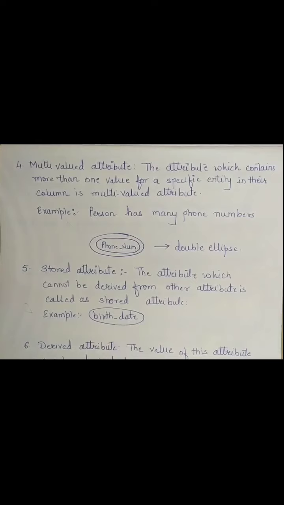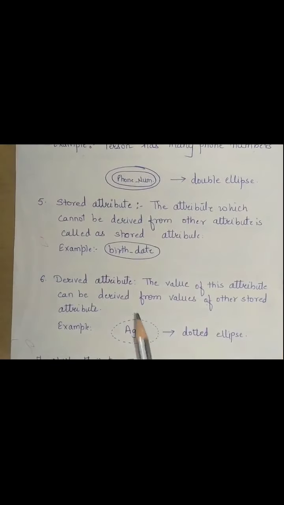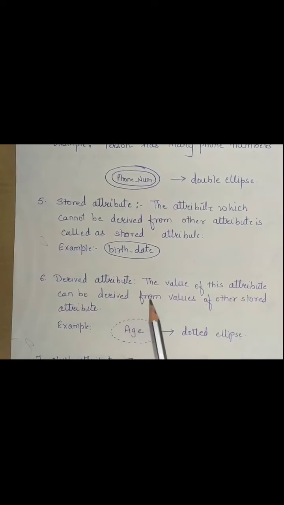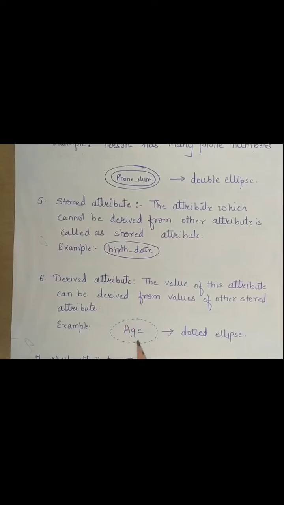Now let's understand what is a derived attribute. The value of this attribute can be derived from values of other stored attributes. An example here is age, and it is represented as a dotted ellipse. The dotted ellipse represents that it is a derived attribute.